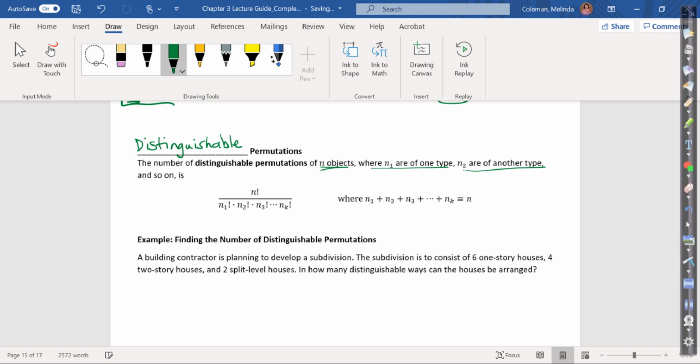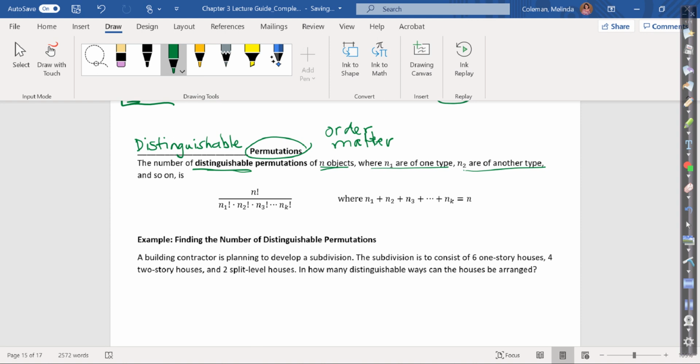The best way to describe this is that, again, because it's a permutation, order matters. But this time it's distinguishable order that matters.